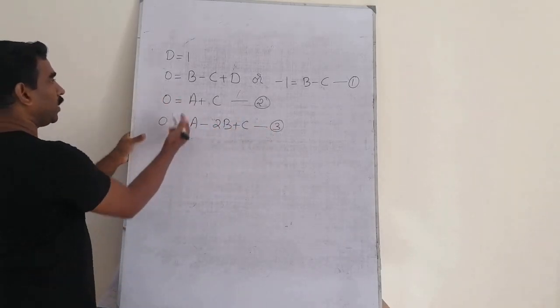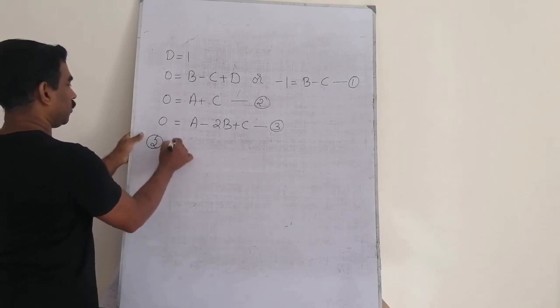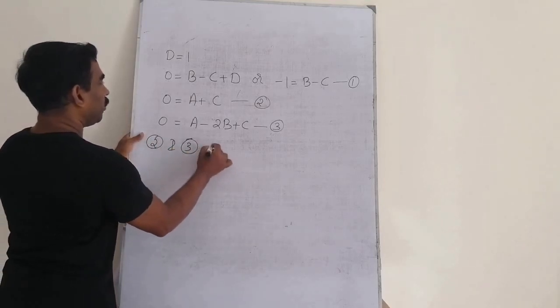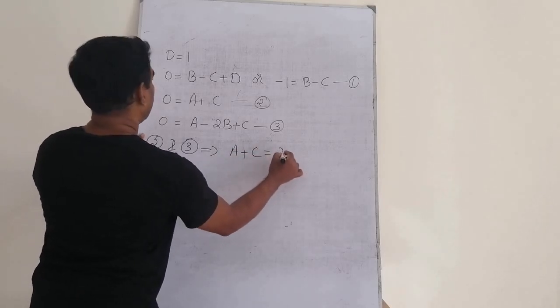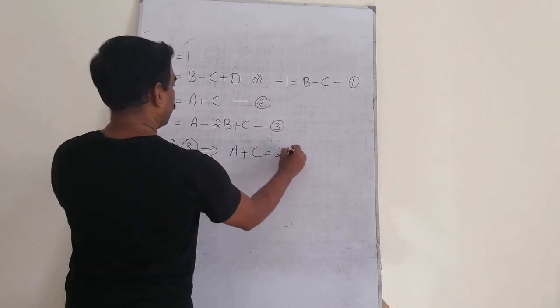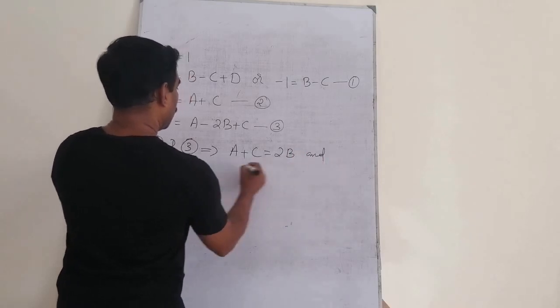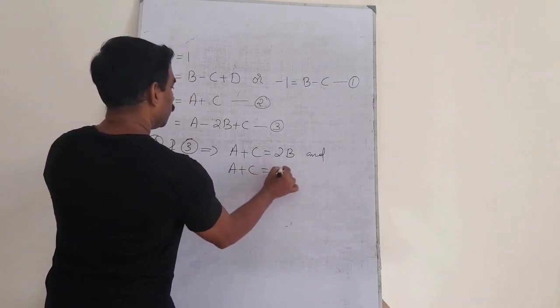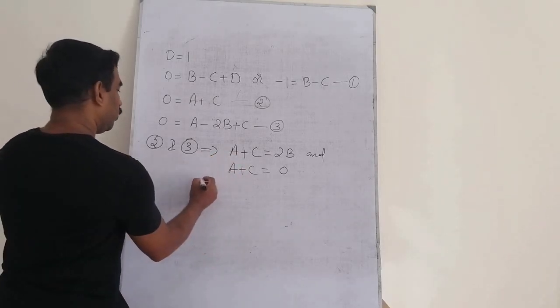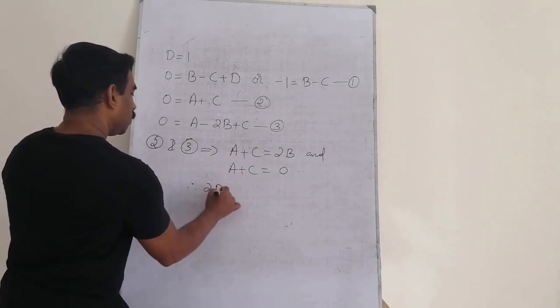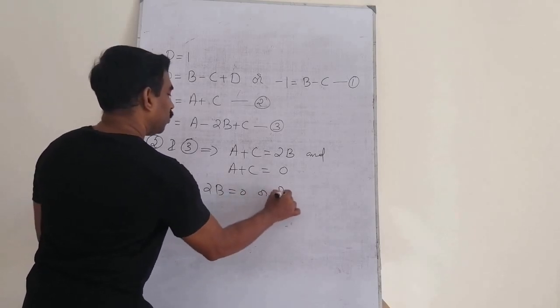From equations 2 and 3, a + c is equal to 2b. And a + c is equal to 0. So these two equations imply 2b is equal to 0, or b is equal to 0.